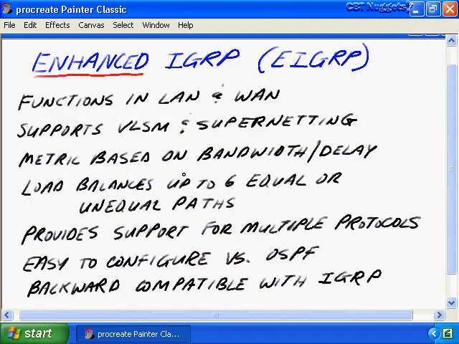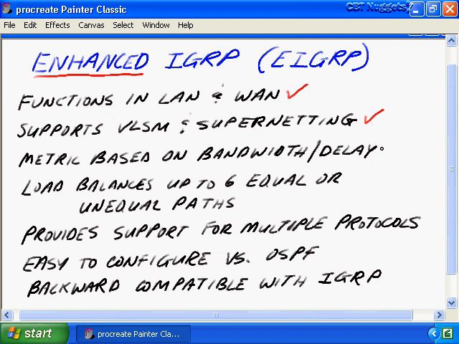Benefits of EIGRP. EIGRP functions over a local area network like Ethernet or Token Ring, as well as popular WAN technologies, for example, a leased line connection or the ever popular frame relay. We mentioned that it supports route summarization, and that will lead us to supporting variable length subnet masking, VLSM, and supernetting or CIDR.